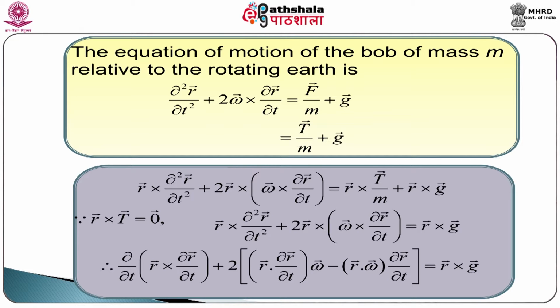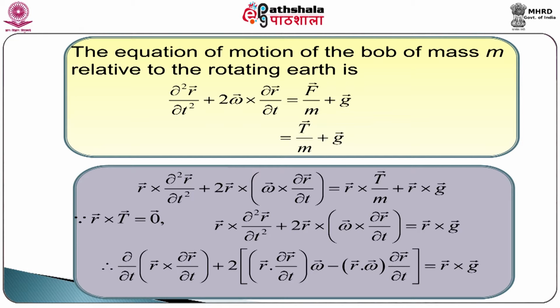The first term of the previous equation, that is r vector cross del 2 r vector del t2, can be written as del t of r vector cross del r vector del t, since after differentiation we get two terms, which are del r vector del t cross del r vector del t, which vanishes as both are parallel vectors, plus r vector cross del 2 r vector del t2, which have been written here.